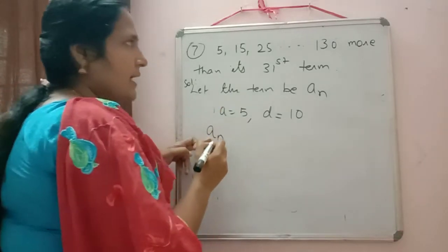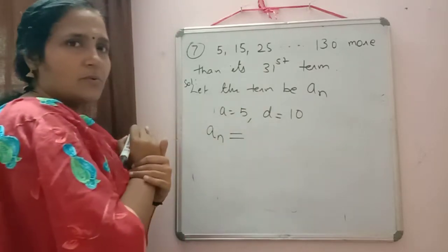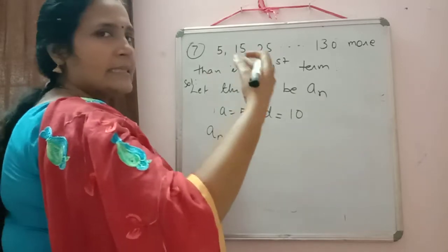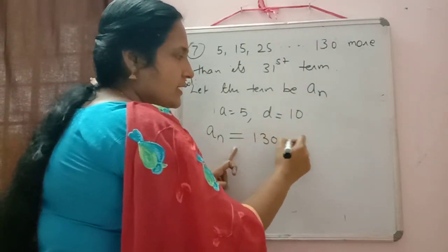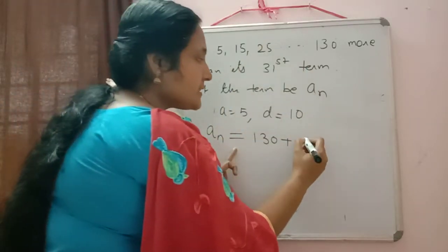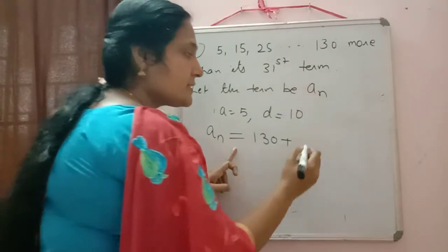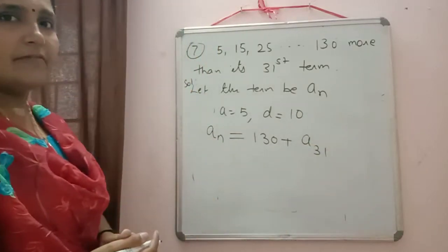Nth term of the AP is equal to 130 more, means plus 130, so 130 plus its 31st term. 31st term is A31.